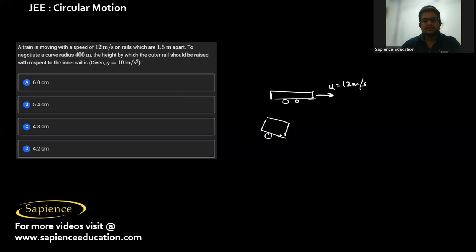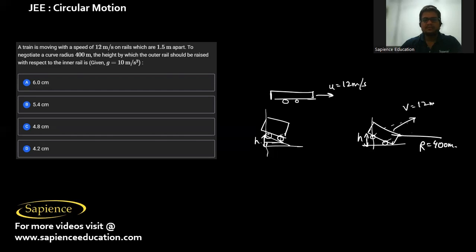So here the outer rail is raised to a height h with respect to the inner rail. It has to negotiate a curve of radius 400 meter. It is moving with a speed v that is 12 meter per second.